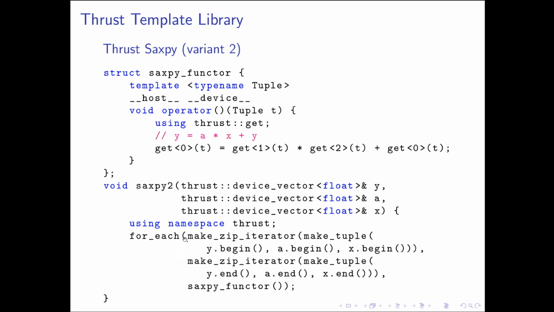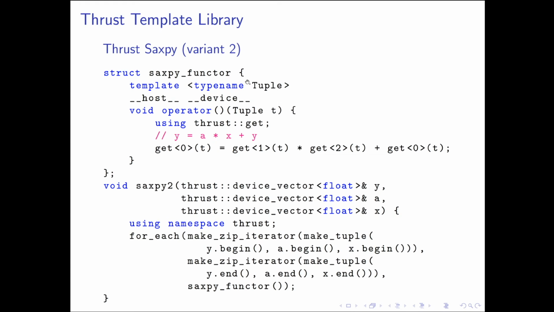And I'm passing that to the for_each algorithm. The for_each algorithm is basically like a for loop implementation, but running on the device. So this will call a kernel, and the kernel will run for each of the items that is iterated over. So we're now iterating over the tuples from the zip iterator. And in order to do something useful, we have to supply a functor. And I've written that functor myself. The functor in this case needs to be a C++ or C struct and needs to contain device code.